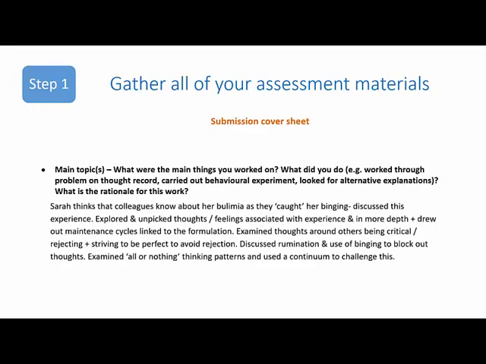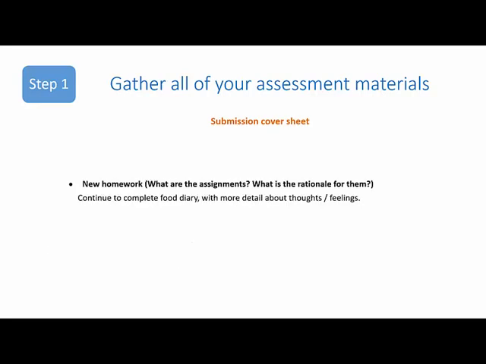Next we have the therapist's summary of the main topics, the main things that they covered during the session. We also have information about the new homework that was set to complete after this session.